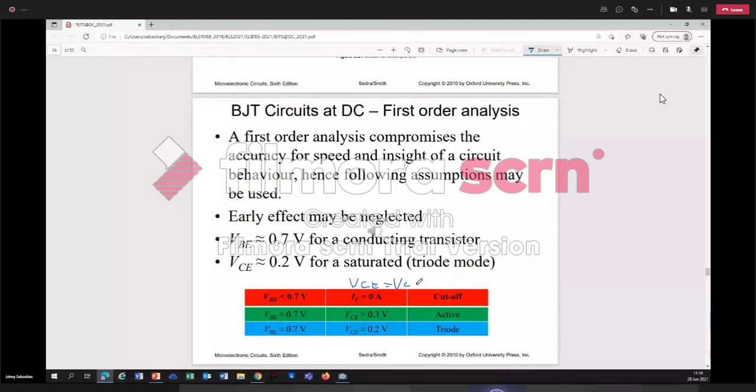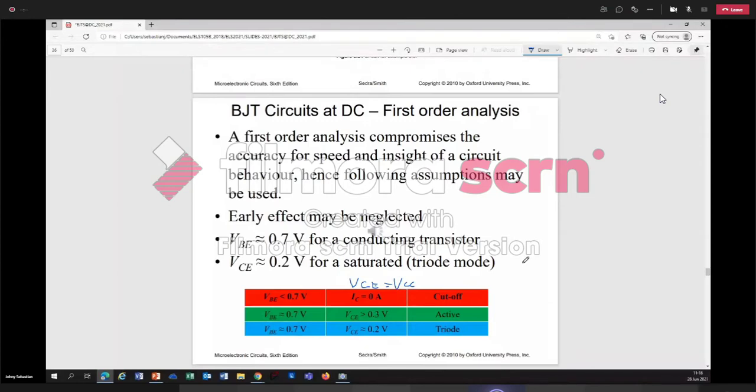You can add it by yourself, by hand. Because collector current is 0 means there is no voltage drop at the collector. That means the supply voltage will be your VCE, VCC. So VBE less than 0.7, VCE equal to VCC, certainly it is a cutoff.